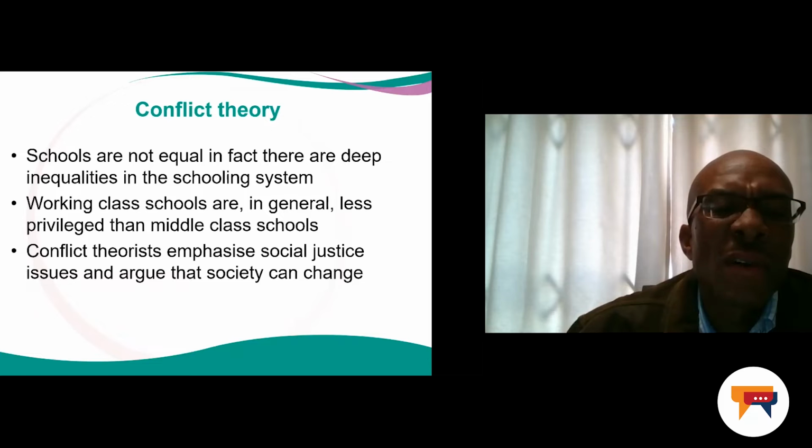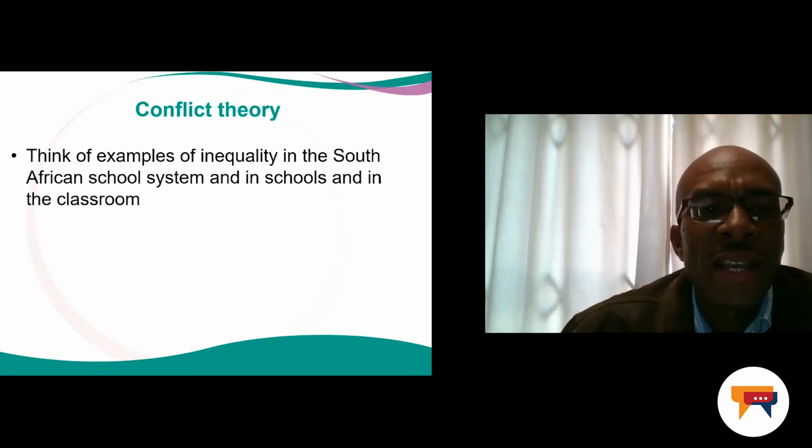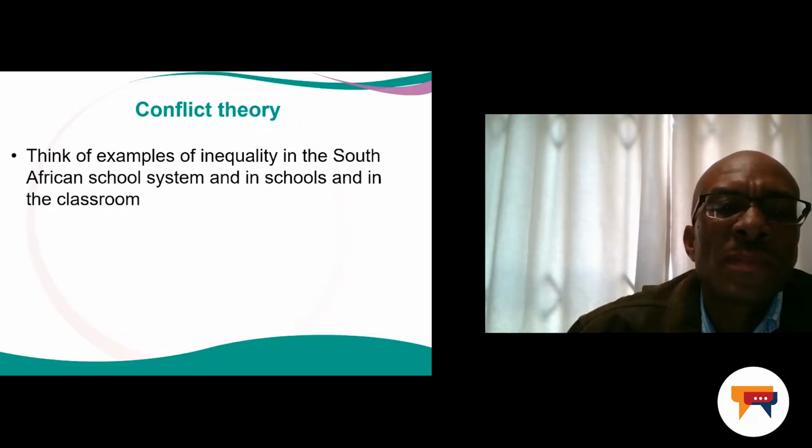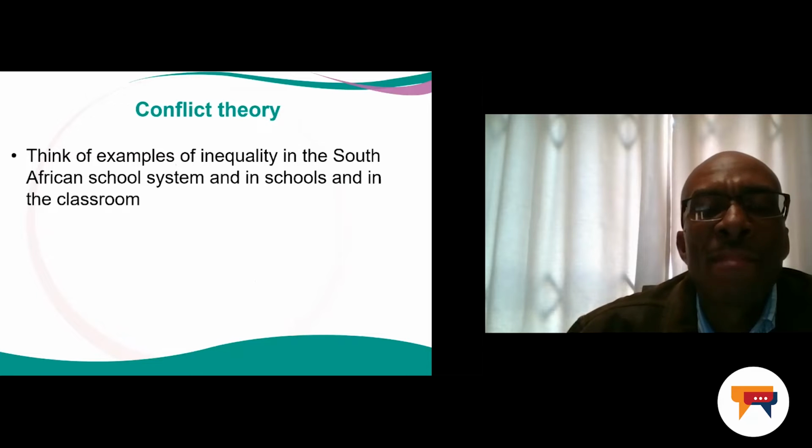So conflict theories emphasize social justice issues and argue that society can change. Secondly, try to think of examples of inequality in the South African school system or education system or in classroom, just to get a picture of the inequality that exists in the society.